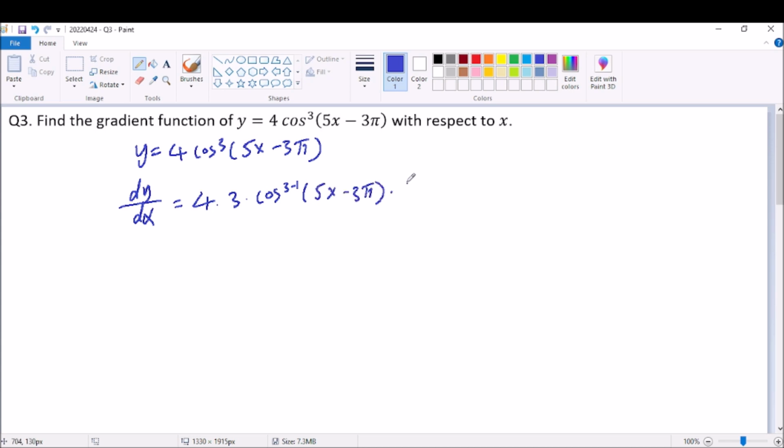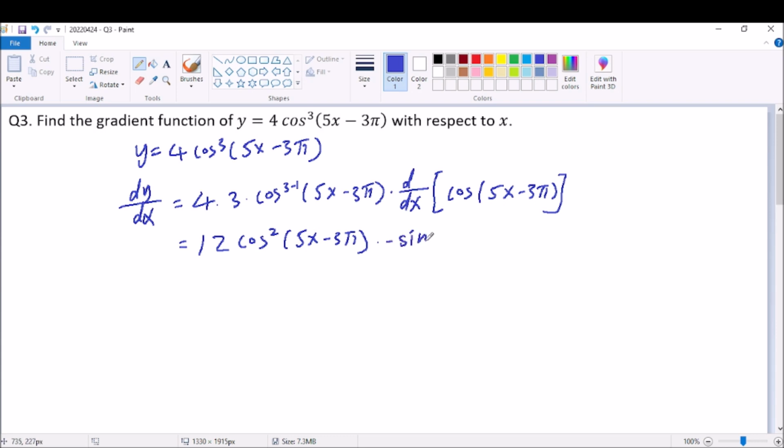And then we differentiate the inner expression, which is cosine (5x minus 3 pi). So we have 3 times 4, 12 cosine to the power 3 minus 1, which is 2, of (5x minus 3 pi). Differentiate cosine is minus sine (5x minus 3 pi). And now we need to differentiate the inner expression, which is 5x minus 3 pi.